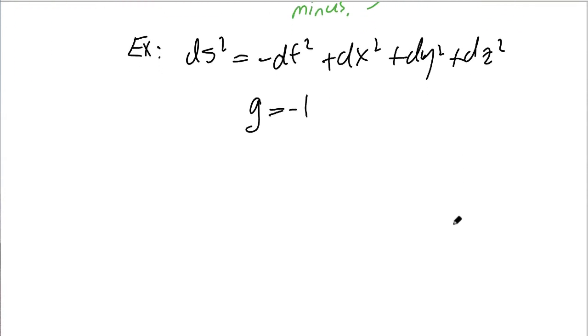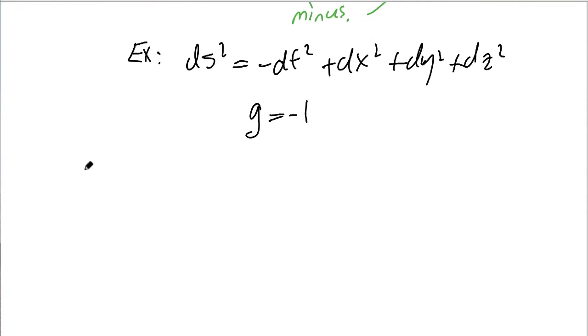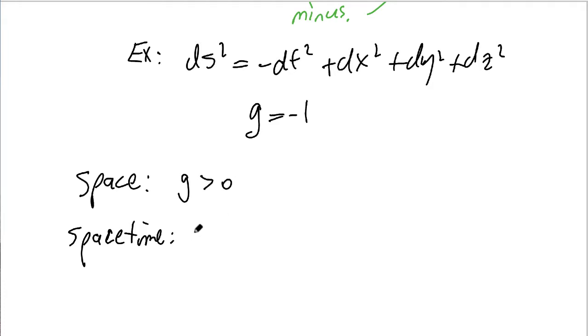So in fact, if you want to know the difference between space and space-time, here's one way of defining it. Space has determinant of the metric positive, whereas space-times have determinant of the metric negative.